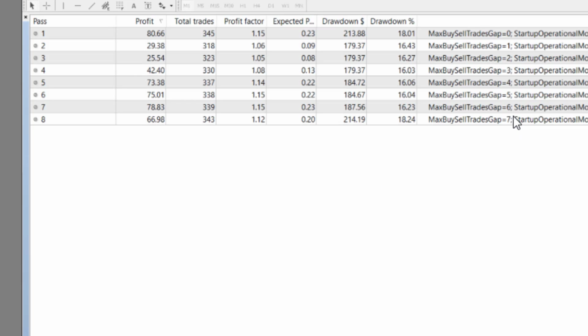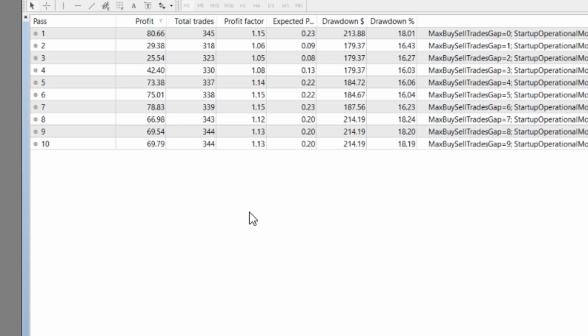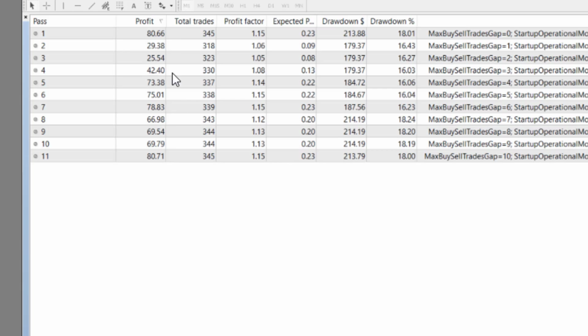So at 6 gaps, it's almost the same as the 80 at a gap of 6. But look how it's now dropping back. There we are. Here we've got an equal one at a gap of 10.